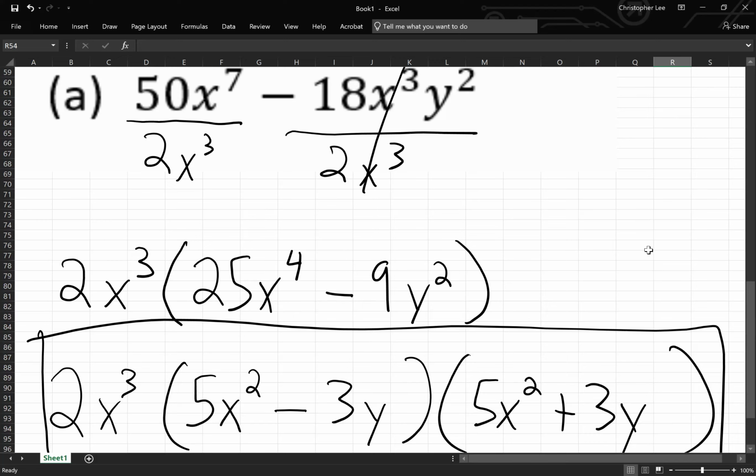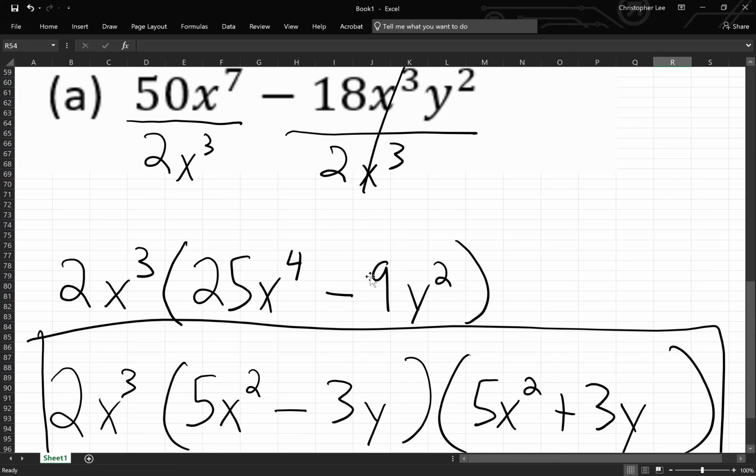Why can I split them? Okay. So what is so special about this right here? This 25x to the fourth minus 9y squared. That's the perfect square.